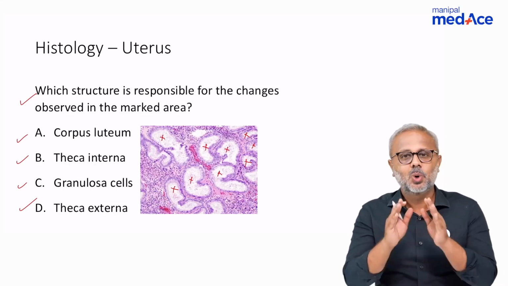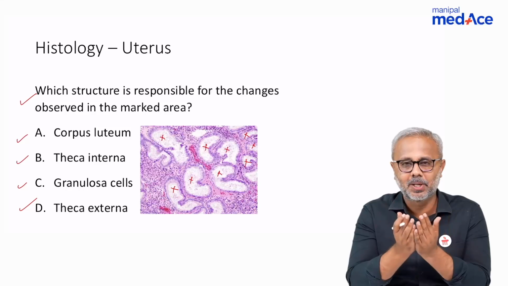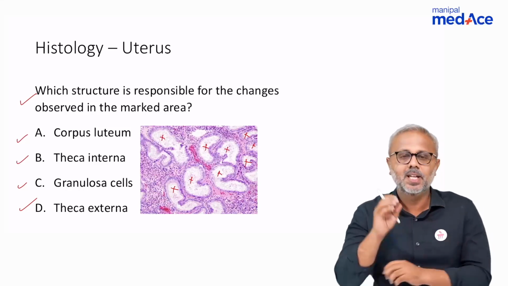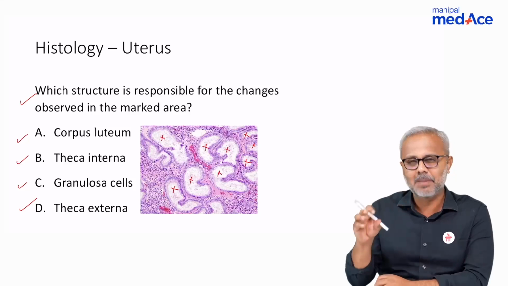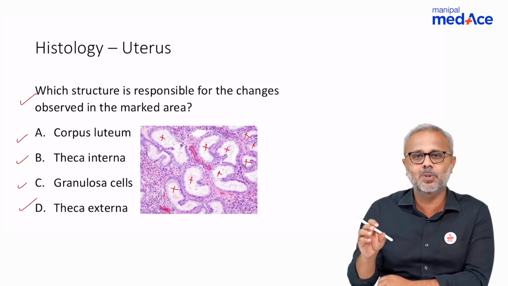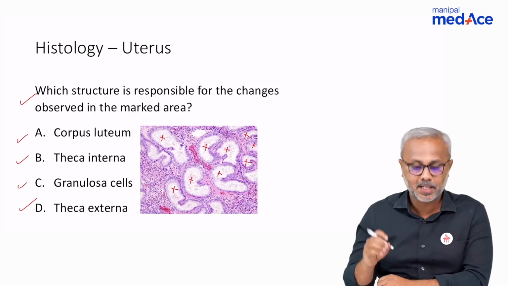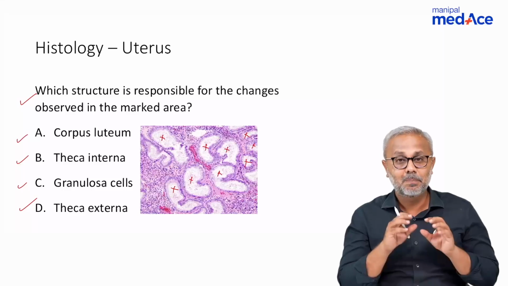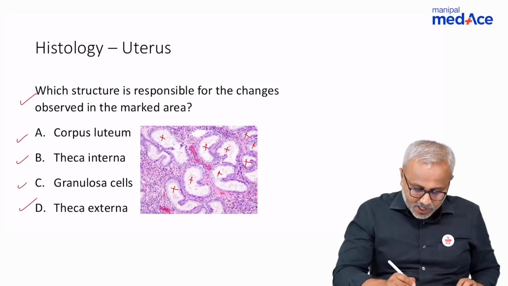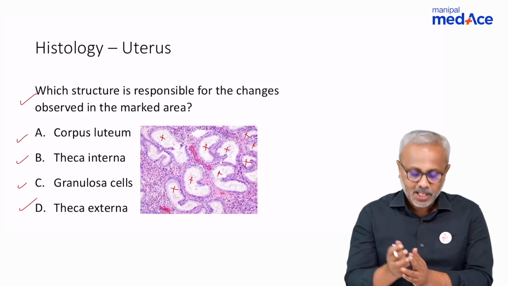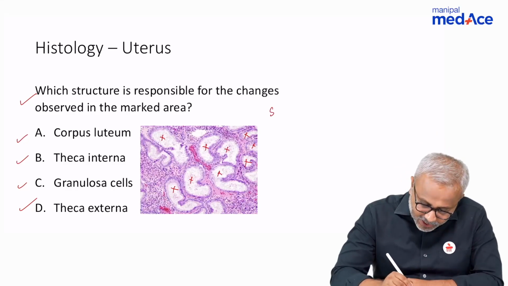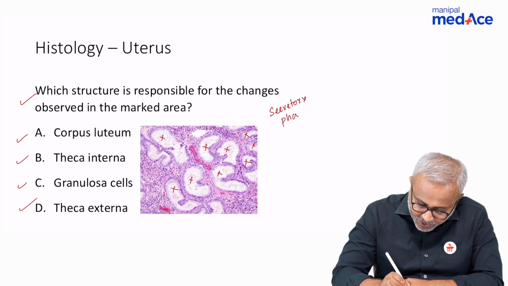Remember, the ovary has a cortex and medulla, and if it had to be ovary, you would have seen a lot of follicles: primary, primordial, secondary, tertiary, corpus luteum, corpus albicans, all of that. But what you see here are plenty of glands, and these glands appear to be highly coiled, right? So this is basically the secretory phase of the endometrium.